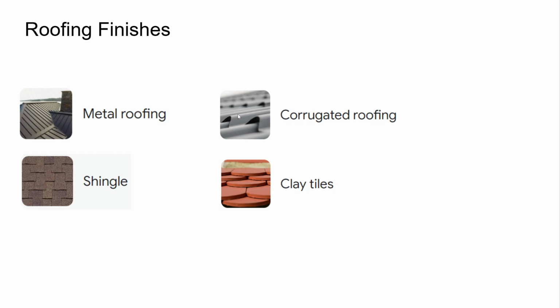But it's very strong because these corrugations give it some strength in bending. Then we have asphalt shingles, super, super common around here. They're fire resistant, they're easy to put on, they last a long time.